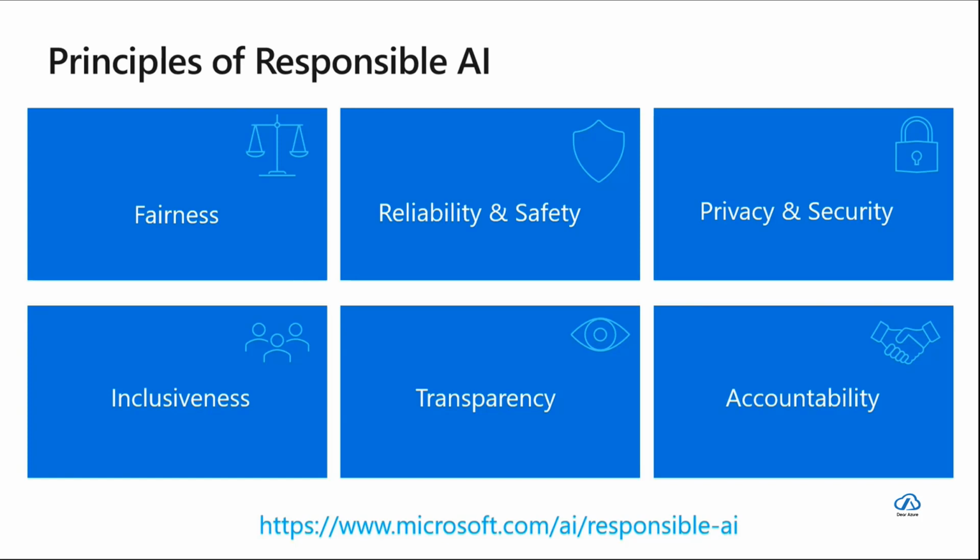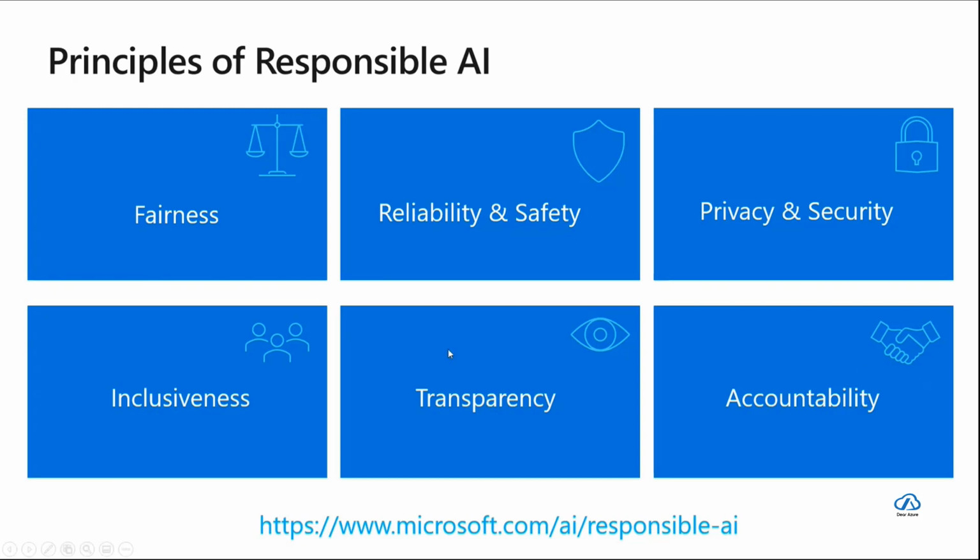The principles of responsible AI, especially when it comes to low code, no code models, are fairness, reliability and safety, privacy and security, meaning my data is not going out or leaked anywhere, and inclusiveness, because the data set I'm feeding my algorithm should be diverse and represent all demographics equally. Then transparency, so I know what the output was due to, and accountability.